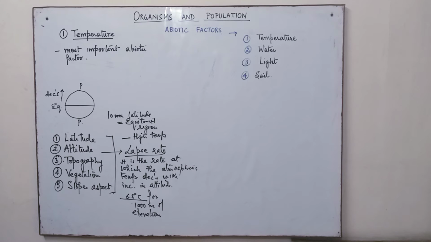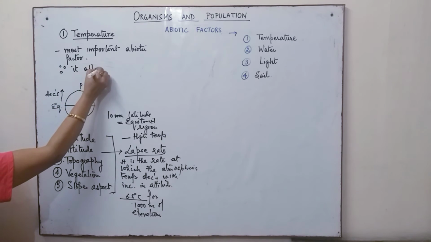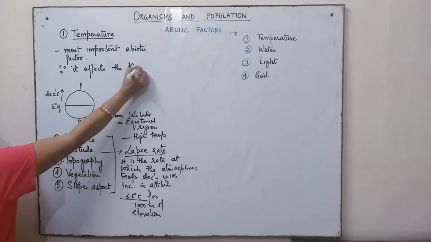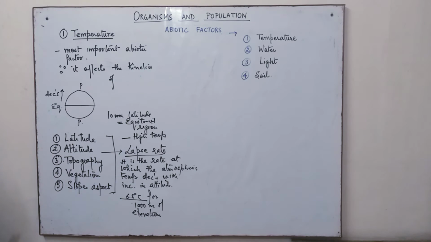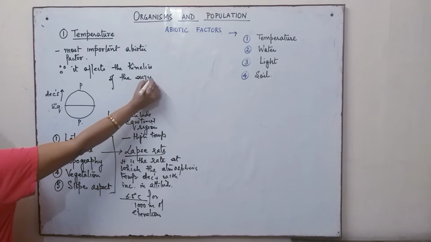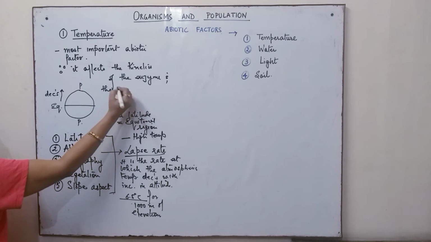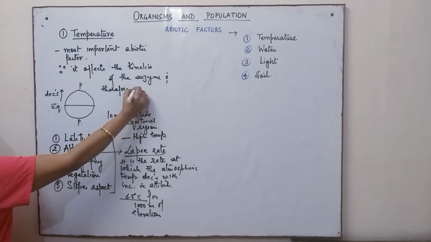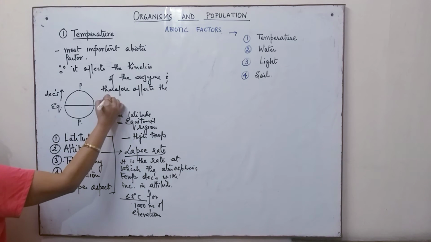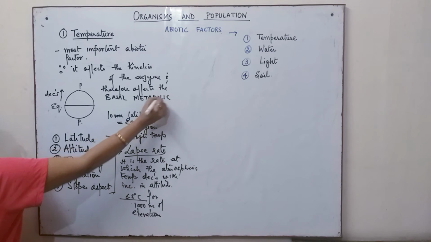Now, we say that it is the most important abiotic factor because it affects the kinetics of the enzymes, and therefore it also affects the basal metabolic rate.